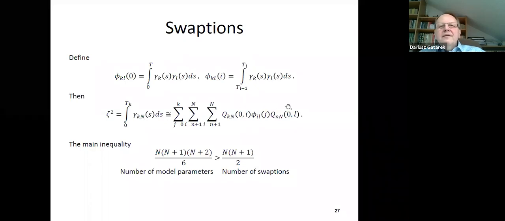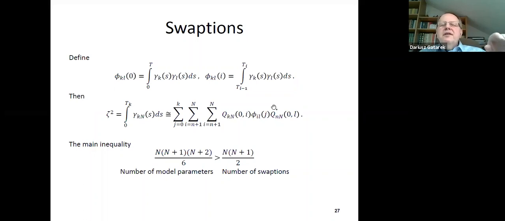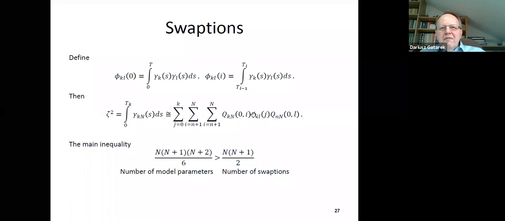And if we agree that this freezing method is sufficient, calibration of the model consists of finding these terms, phi_i,l of j, Q's are known.